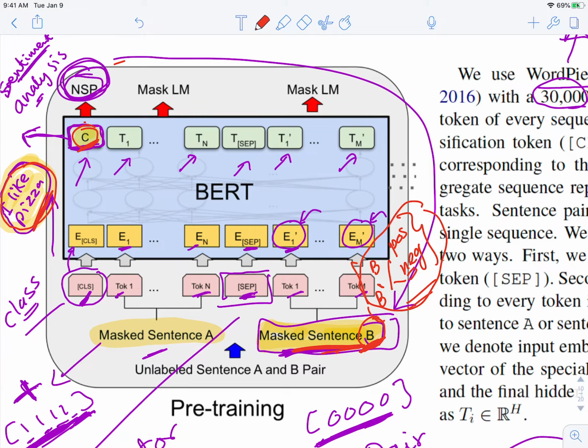So sentence A is analogous to the input in the sentiment analysis dataset, and sentence B is analogous to the label.